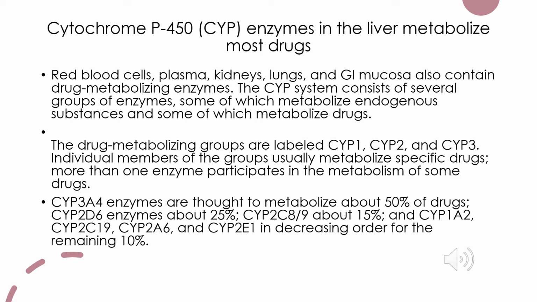The drug metabolizing groups are labeled CYP1, CYP2, and CYP3. Individual members of the groups usually metabolize specific drugs. More than one enzyme participates in the metabolism of some drugs.